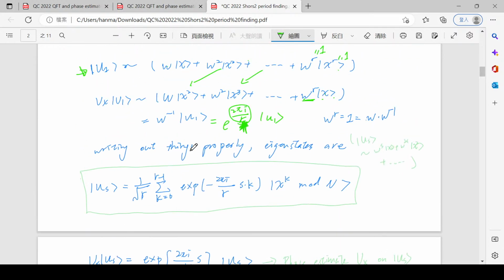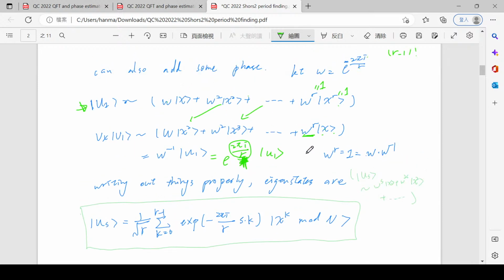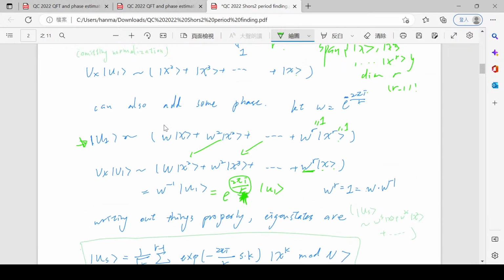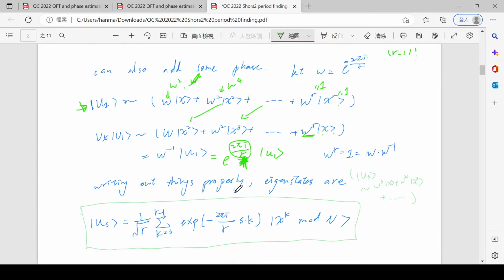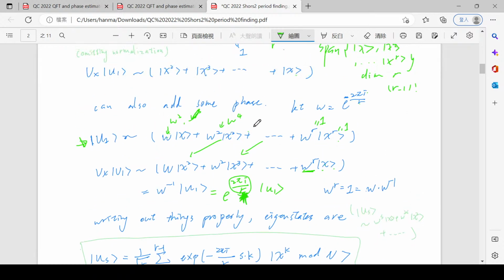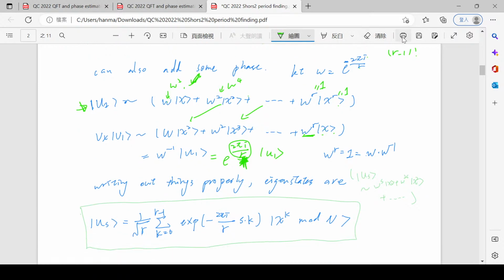And it's not too hard to find the other eigenstates. You just replace this, kind of like the Fourier transform thing. You just replace this omega with omega squared, omega cubed, etc. As you replace this omega, then you will have omega to the fourth here, etc. I'm too lazy to list them down.